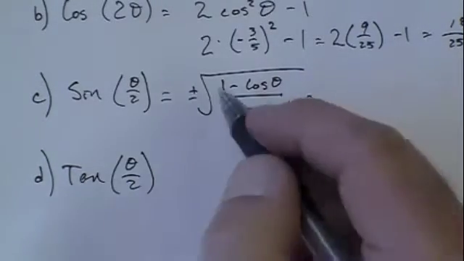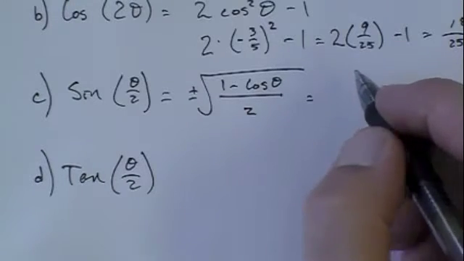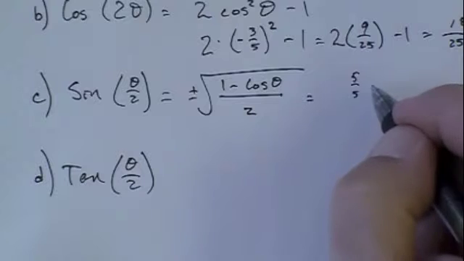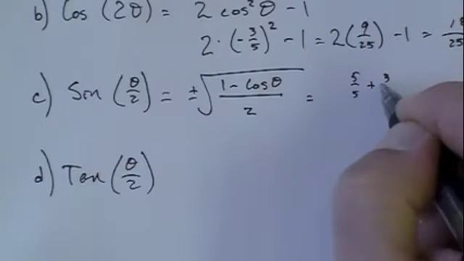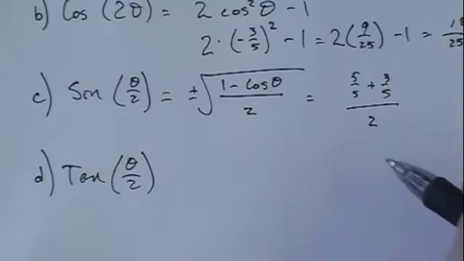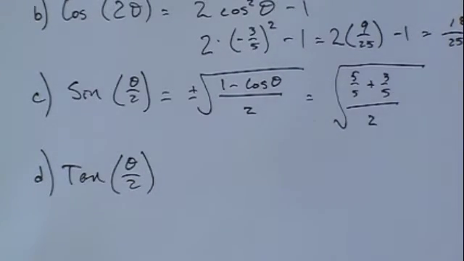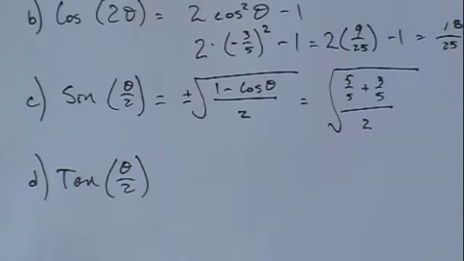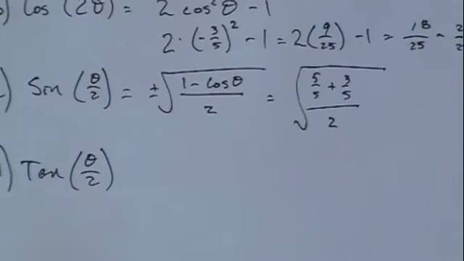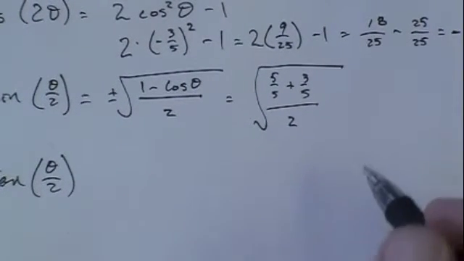So we're going to have 1 minus, so I'm going to write that as 5 over 5, minus our negative 3/5, so plus 3/5. And that's all over 2. Taking the square root of that, and our half angle would fall into quadrant 1, and so this is going to be positive.